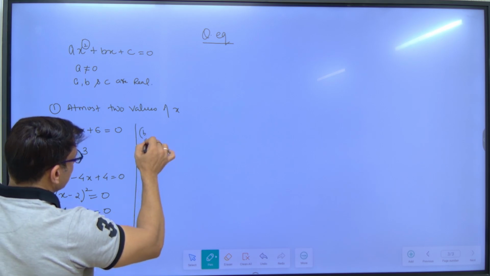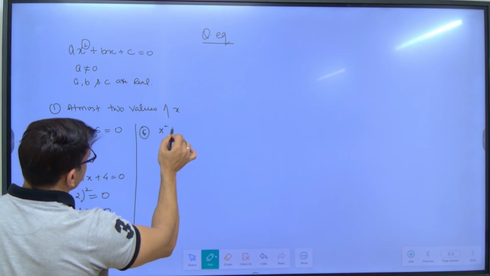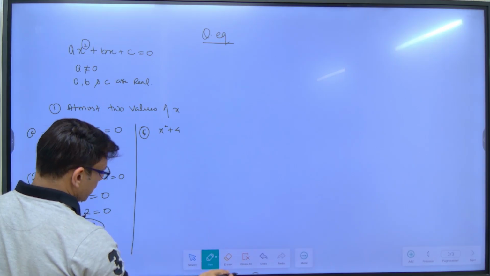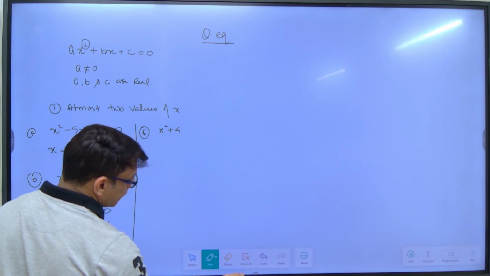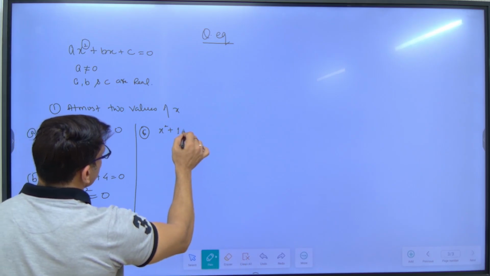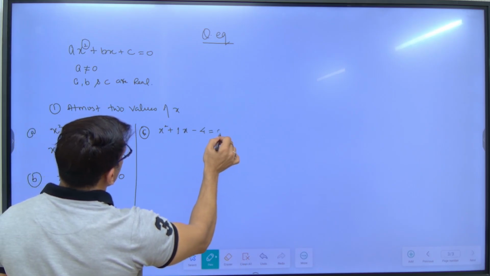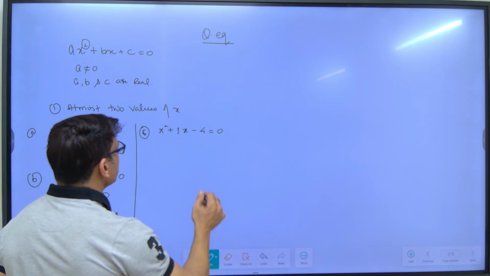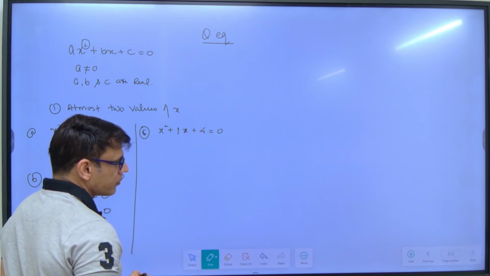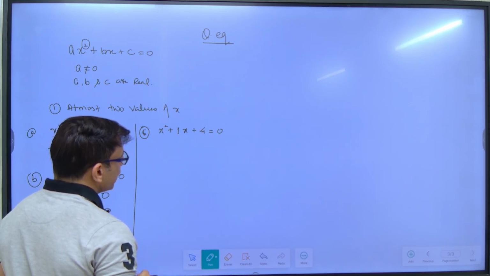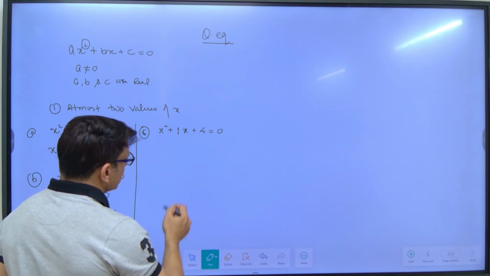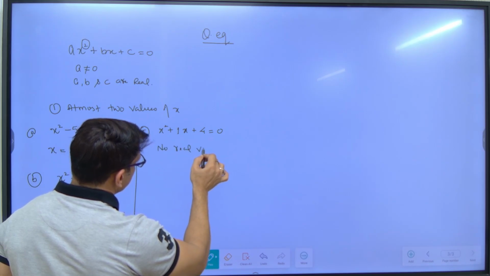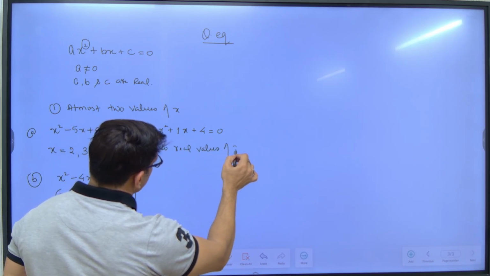Let's say I have another equation, x square plus 1x minus 4 plus 4. If I solve this equation, we will have no real values of x.